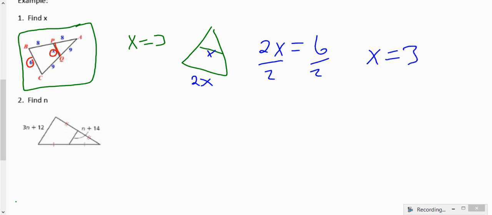So in this next example, we have again what seems to be a mid-segment because the tick marks tell us it's bisected on both sides, so you must be connecting two midpoints. So what does that mean? Well, again, we know that the mid-segment, n plus 14, and the side it does not connect to or intersect with is 3n plus 12, but we know that they're not equal.